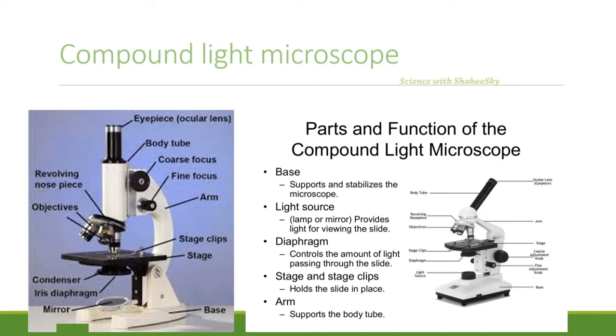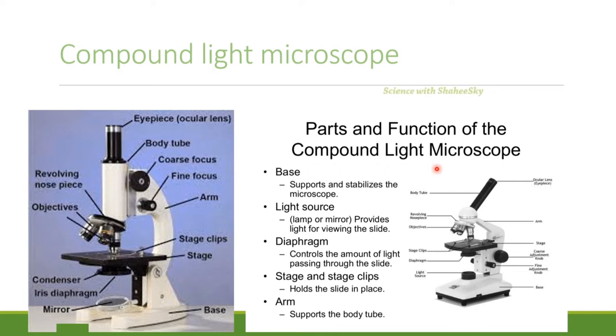As we know earlier, compound microscopes have several parts: eyepiece, body tube, coarse and fine adjustments, arm, stage and stage clip, strong base, mirror, iris diaphragm and condenser, objectives, revolving nosepiece.